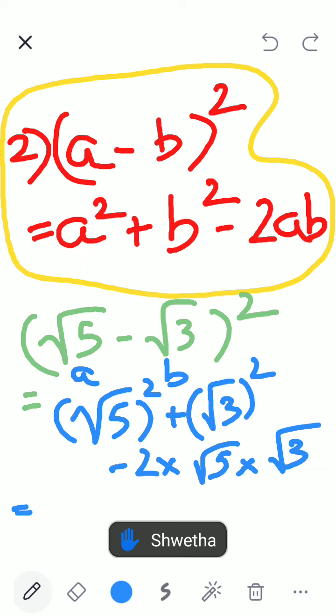What is root 5 square, Shweta? 5 only. Very good. And root 3 square? 3 only. And minus 2.